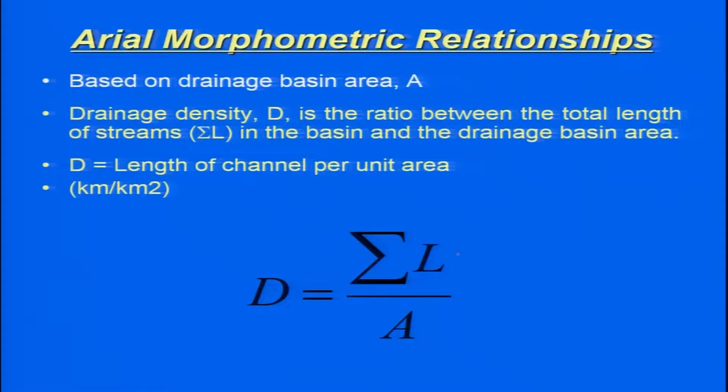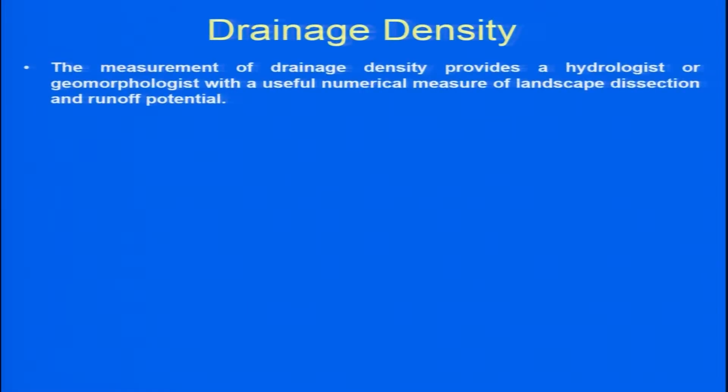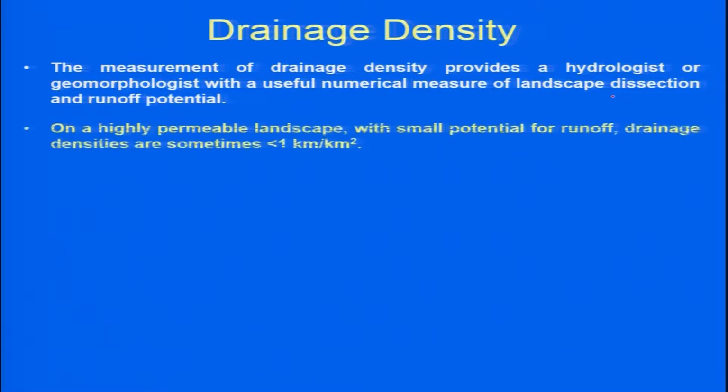D is equal to the sum of the lengths of all the channels within the basin divided by the basin area. This plays an important role because the measurement of drainage density provides any hydrologist or geomorphologist a very useful numerical measure of landscape dissection and runoff potential.